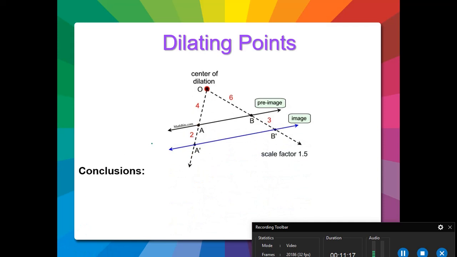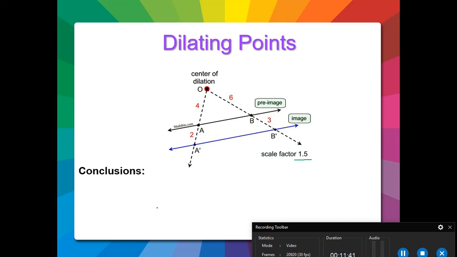So the conclusion that we're going to make here is, if you look at the center of dilation lying off the line, here's the original line, AB. What we did is we pushed A prime and B prime further from the center of dilation using the scale factor. In this one, it's 1.5. But when we go ahead and connect A prime and B prime, we've created an image that is now a parallel line.